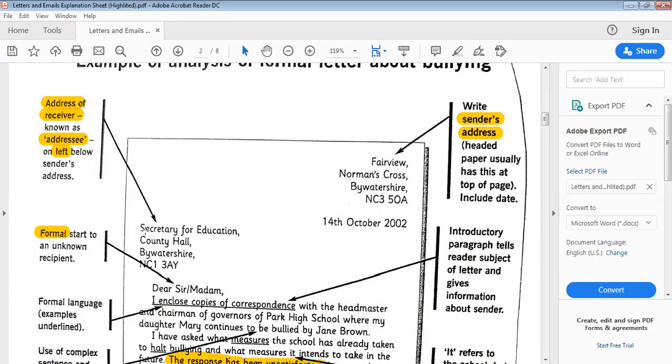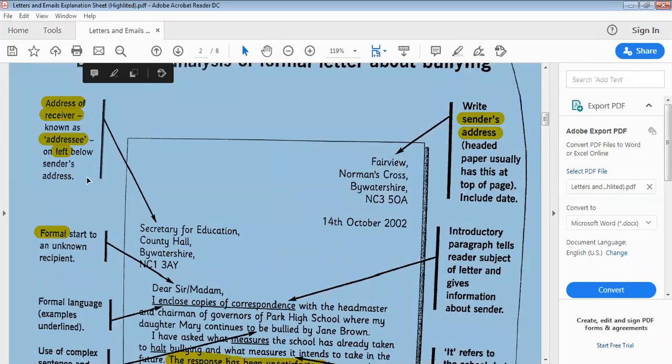Here I have Secretary of Education, okay? This is the position of the person. County Hall, Bywatershire, this is the address. The address of who? Of course, the address of the receiver, the person who's supposed to receive this letter, also known as the addressee.